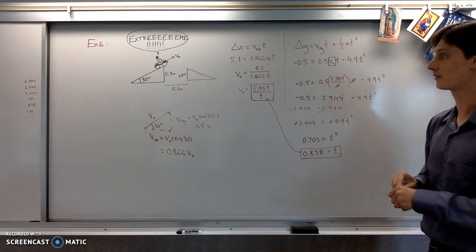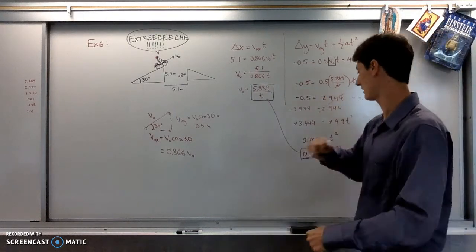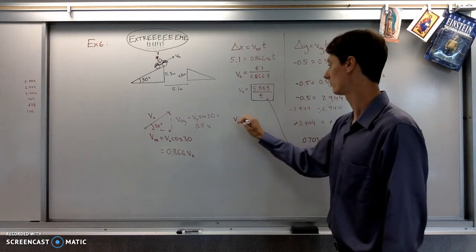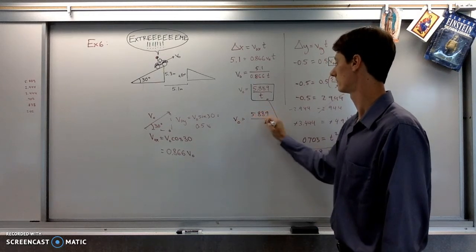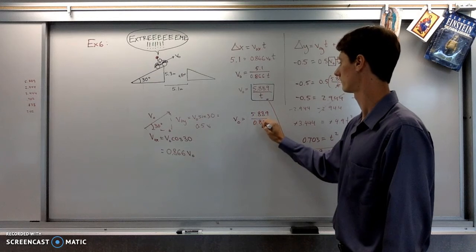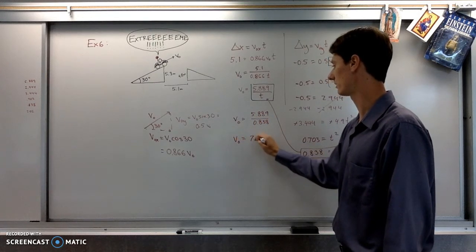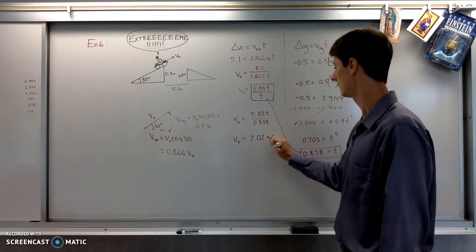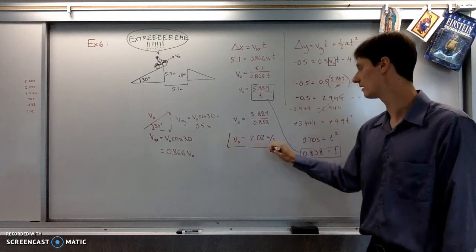So now we have 5.889 divided by 0.838 will be our initial velocity. And that gives us an initial velocity of 7.02 meters per second. So that was this daredevil's speed at the moment that he left the end of the ramp.